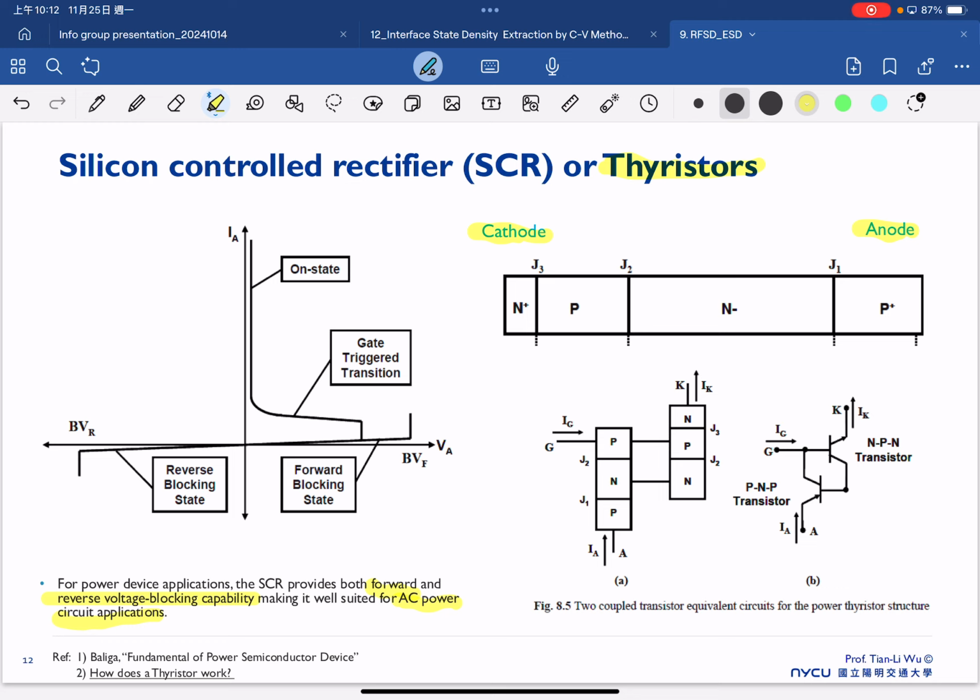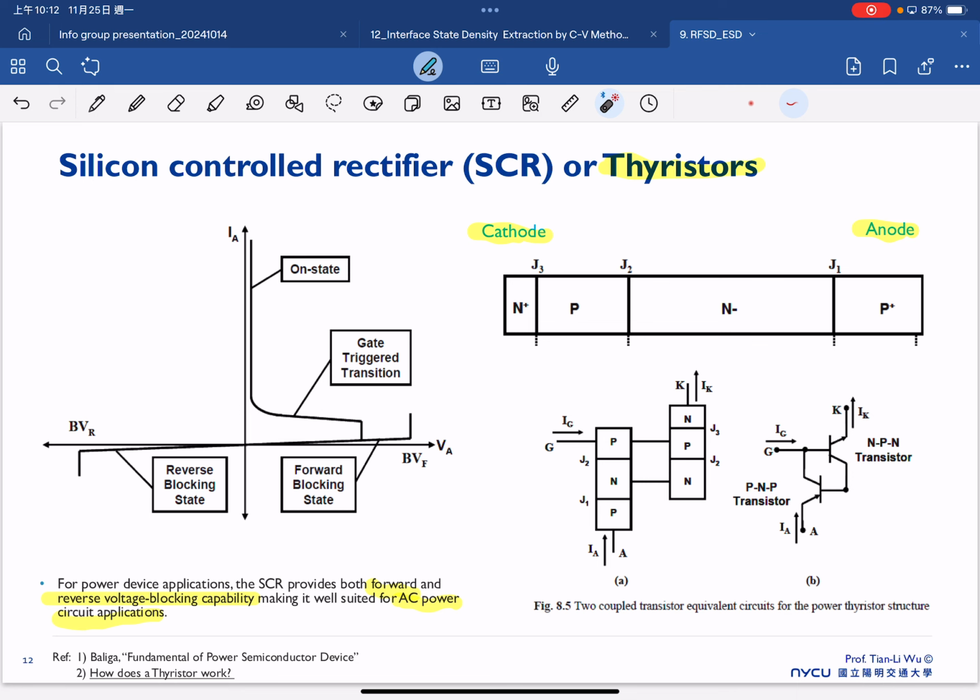If we look at this PNPN structure, we can also consider the equivalent circuit in this way. One side is a PNP, the other side is an NPN, and it can also be illustrated by this circuit schematic.